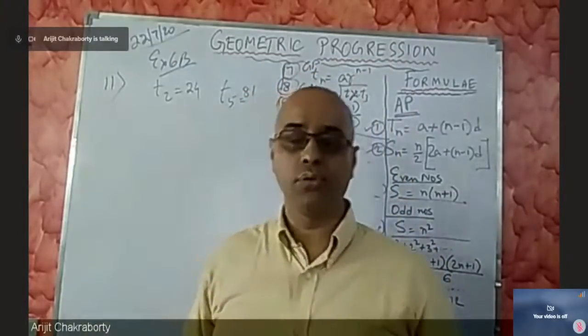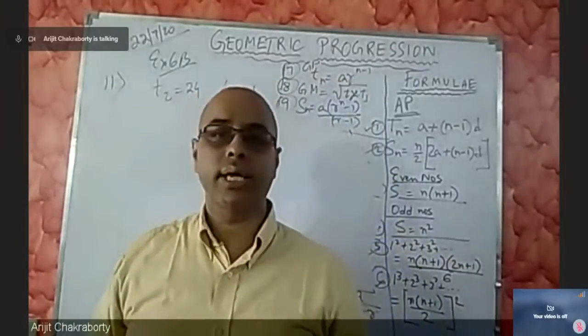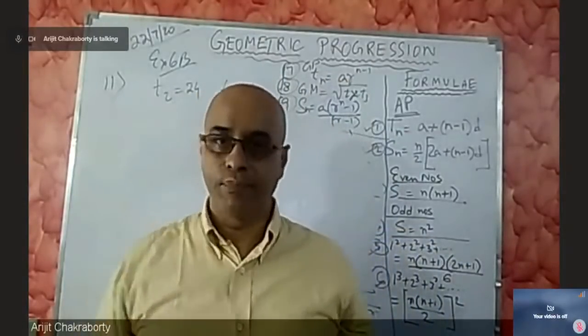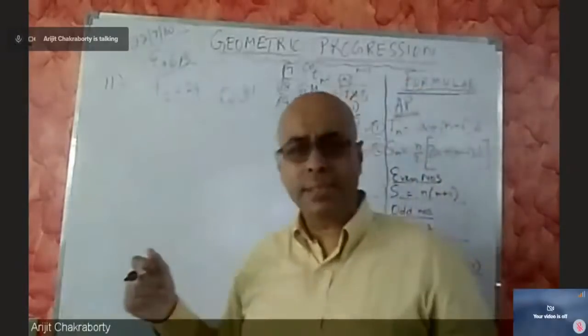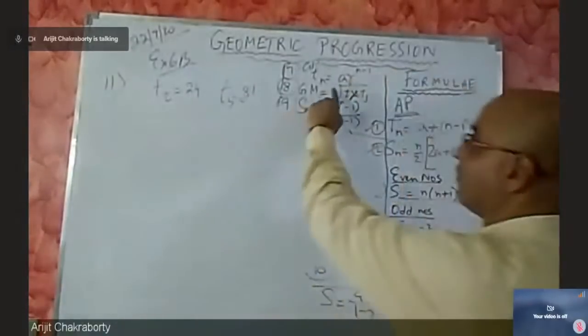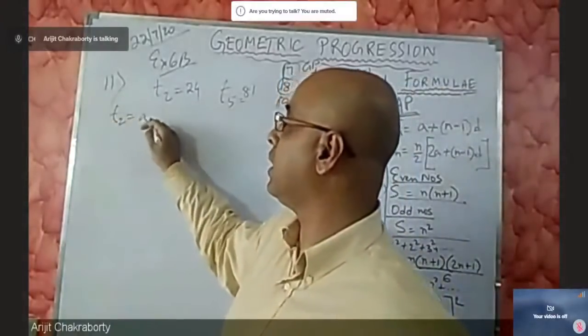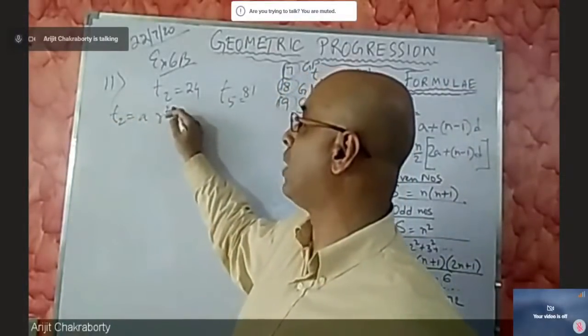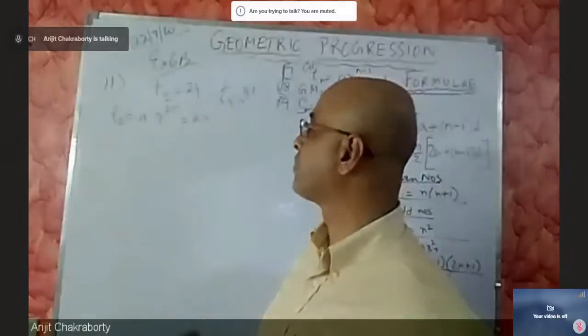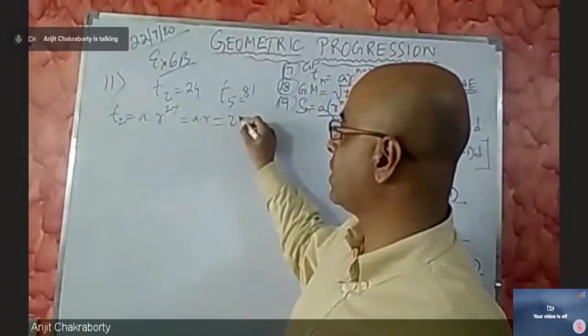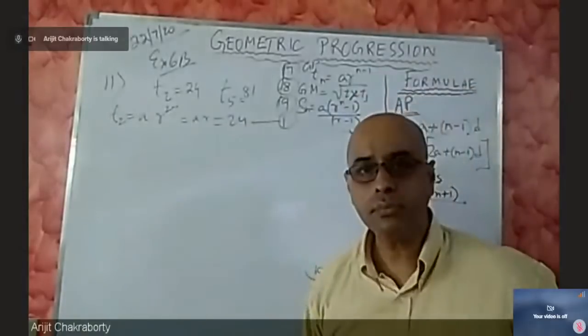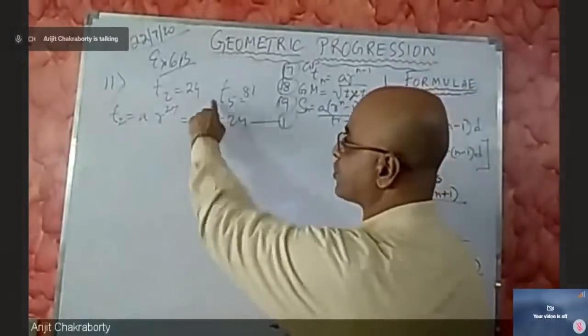You have to find out the series. Second term means using this formula, a into r to the power 2 minus 1, that is a into r. So a r is 24.